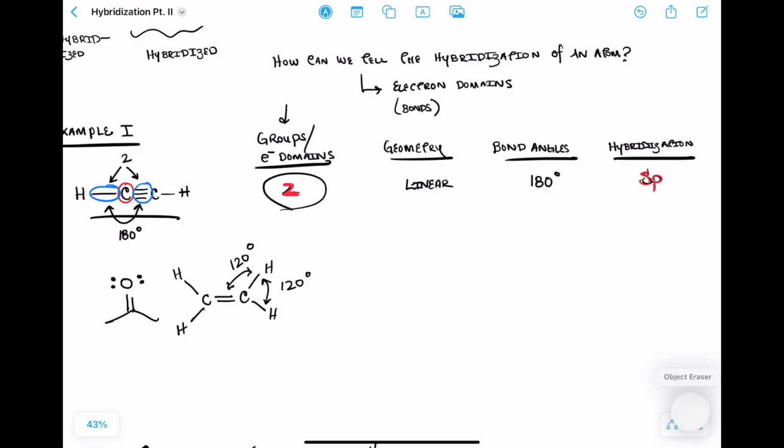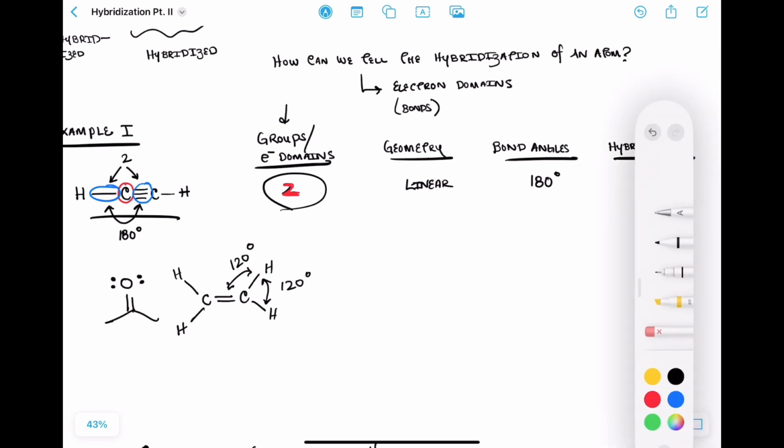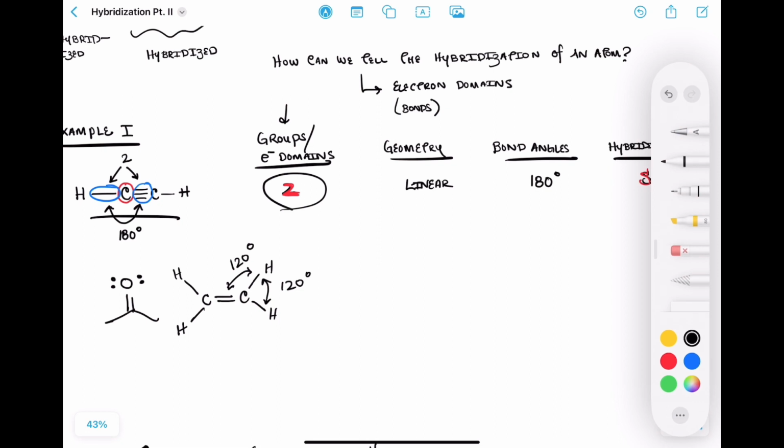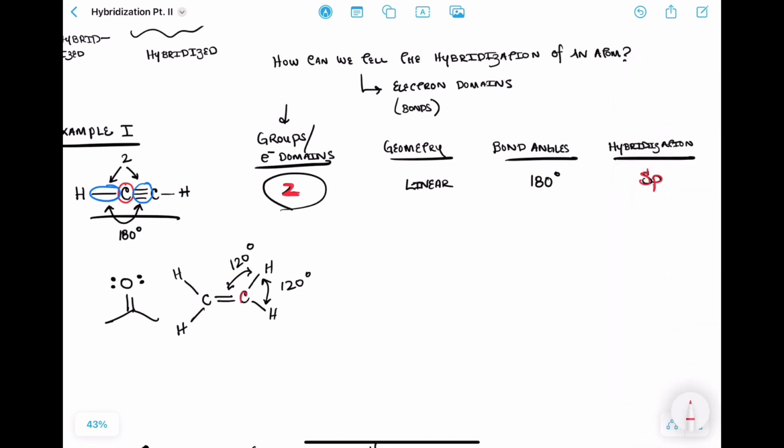And so in this case, the atom that has three groups around it is going to be the carbon. So that's the atom we're looking at, this guy right here. In this case, we're looking at oxygen. We could also be looking at that carbon. Both of them would have three groups around it.